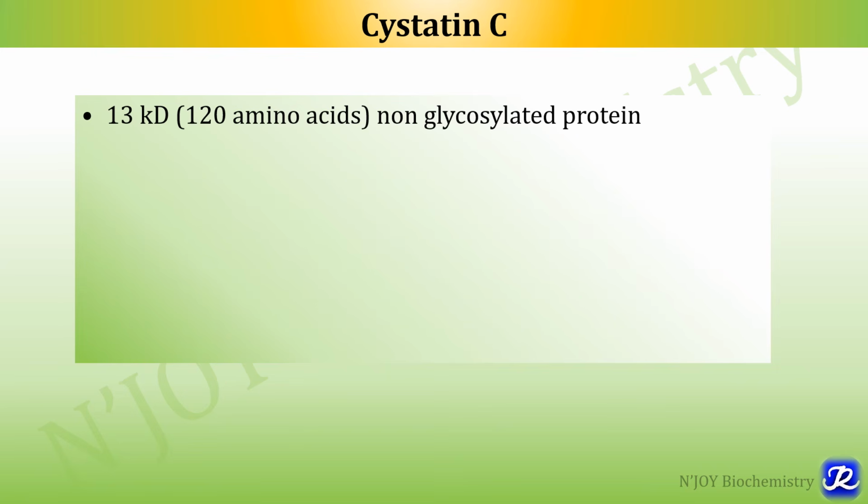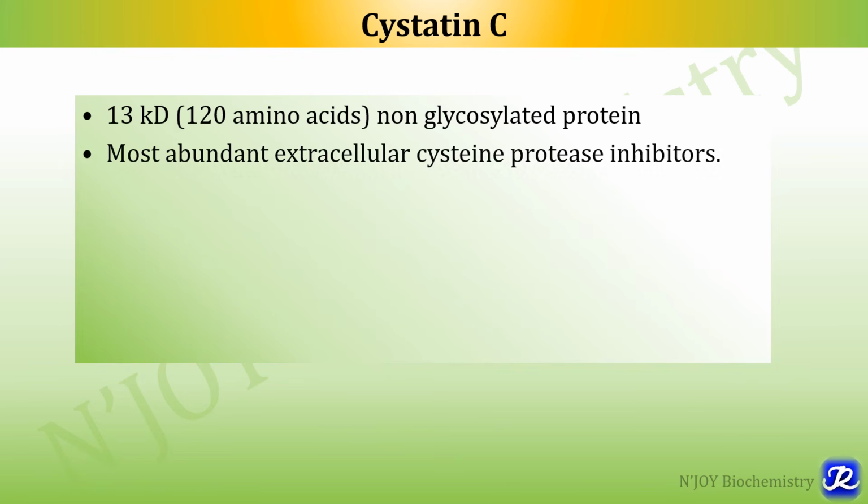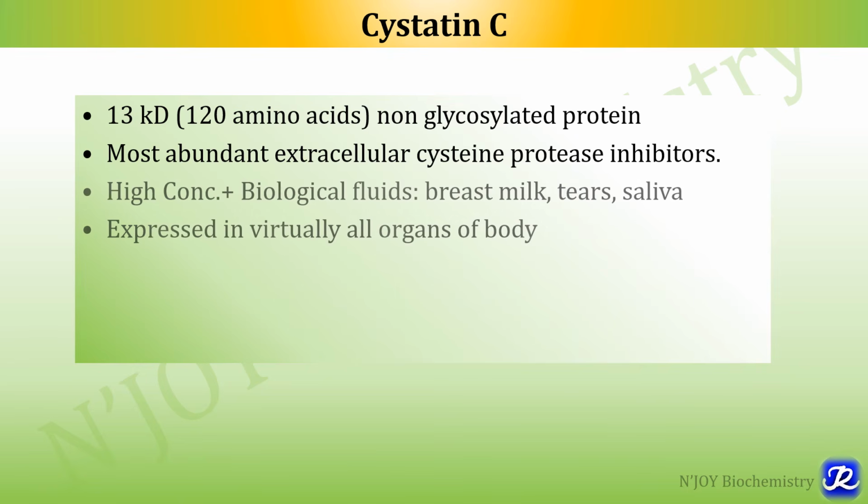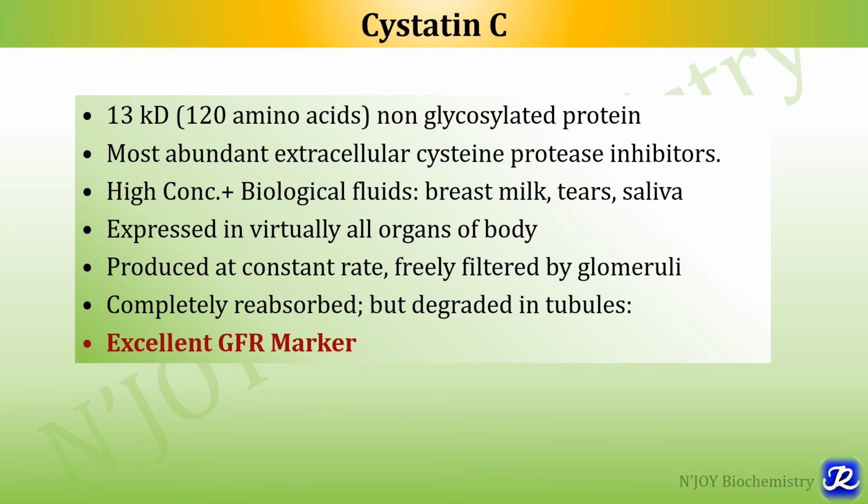It is a 13 kilodalton non-glycosylated protein, which is an extracellular cysteine protease inhibitor present in high concentration in biological fluids like breast milk, tears, saliva, but expressed in virtually all organs of the body. It is produced at a constant rate, freely filtered by the glomeruli and completely reabsorbed and degraded in tubules, and that's why it is an excellent GFR marker.